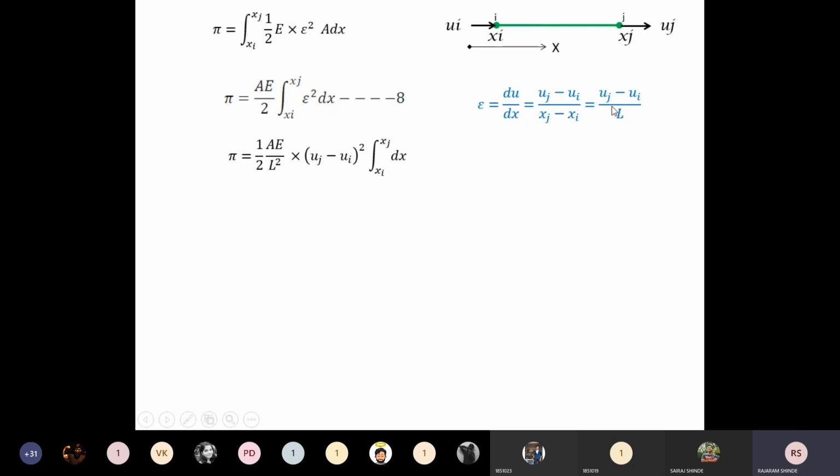So uj and ui and length are also constants, the only variable is dx. Now this also we have taken out of the integration, that is uj minus ui square. The integration of dx is x, and when we put the limits it becomes xj minus xi, and that will be replaced by L.